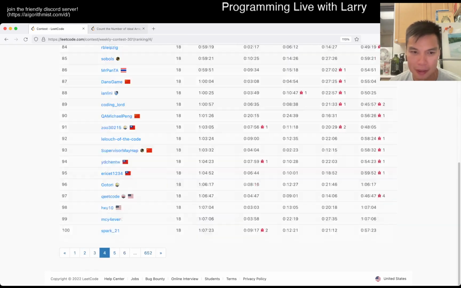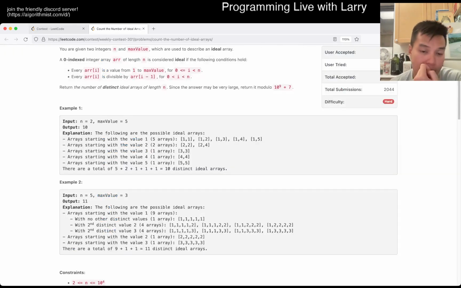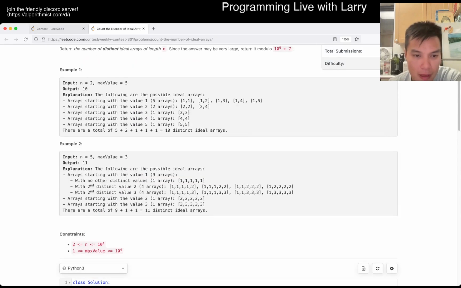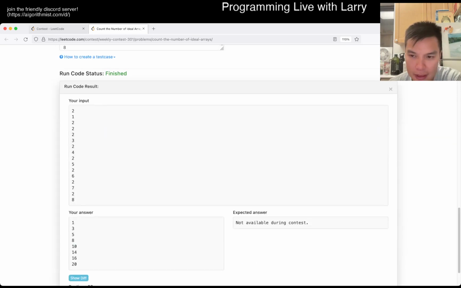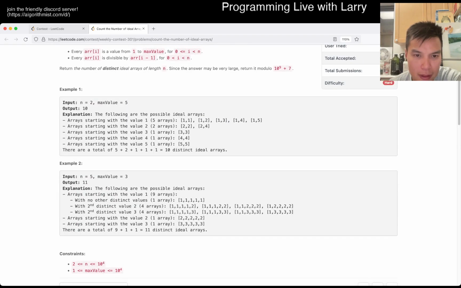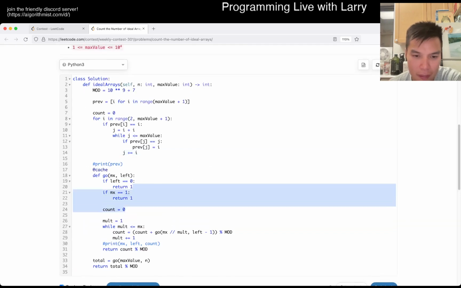Is it something that people figure out? Huh. Good job to those people. Maths. Is there a way I can break it down a little bit? I think this is the way that I broke it down.